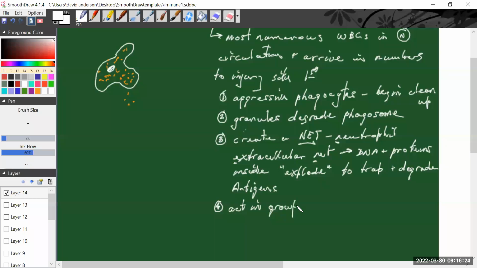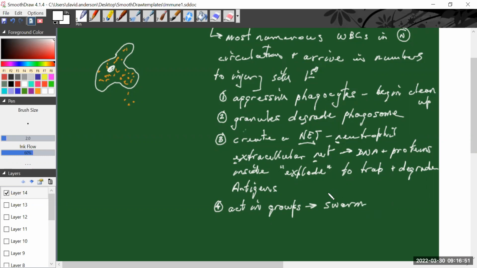They're sort of attracted to each other, and it's kind of like a swarm. Once one group of neutrophils is activated, they attract other neutrophils and they all work in an area en masse. It's a little bit like watching a bunch of bees leave a hive and go after a potential threat.